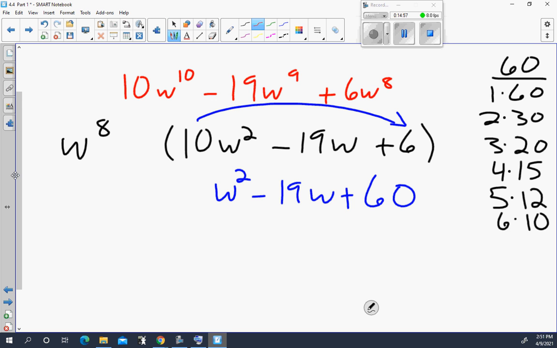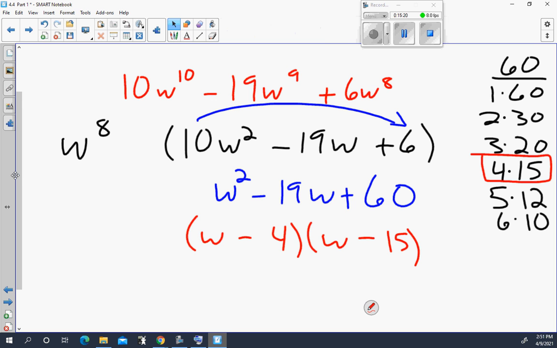Now which of these adds up to 19? Only one, right? So we get w, 4, 15. We need a negative 19, so these both have to be negative.